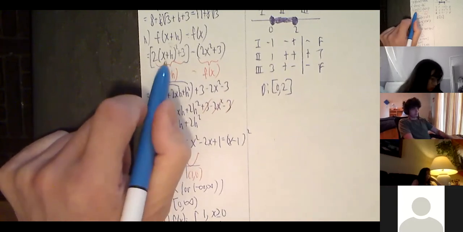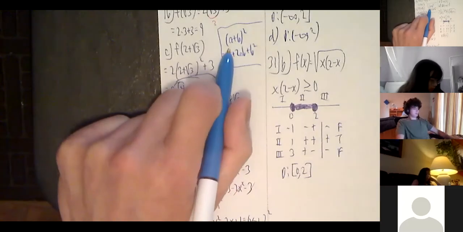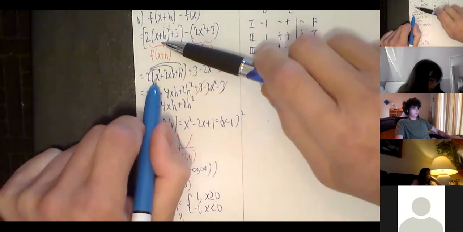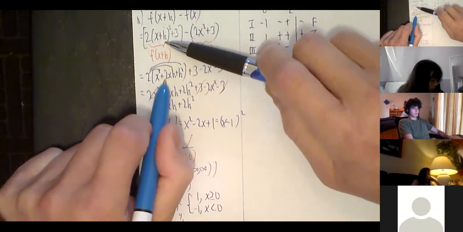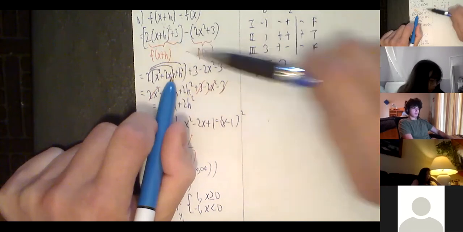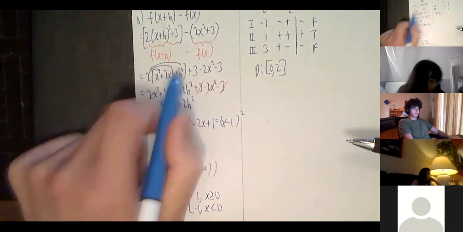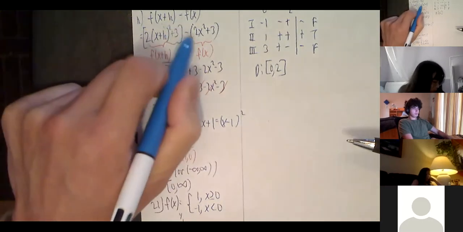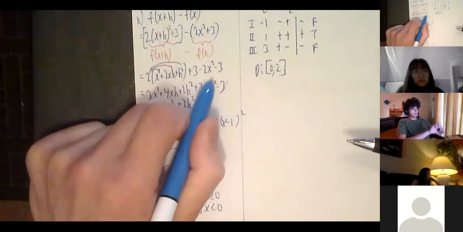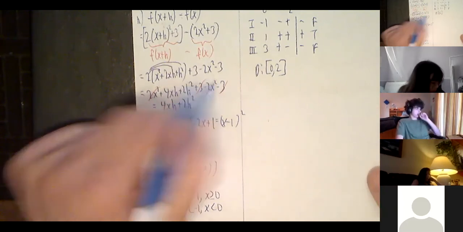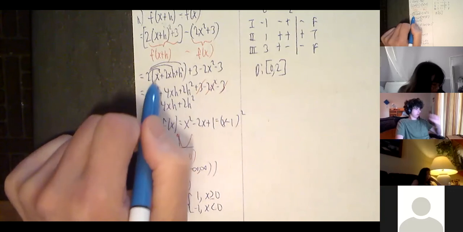Okay, so I square x plus h. That's just like this formula. So if I square this, I get x squared plus 2xh plus h squared. So everything here is this. I got a 2 in front, plus 3, minus 2x squared, minus 3. And then I distribute all this mess over here.